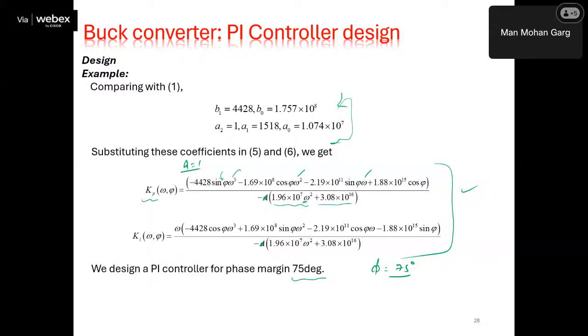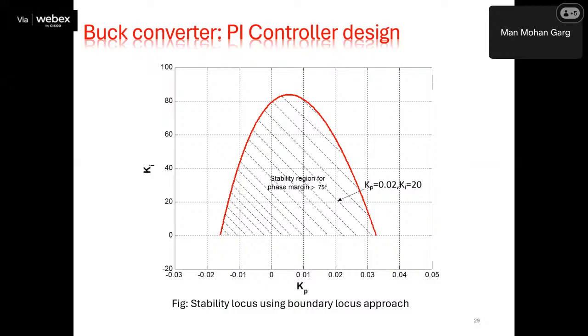Once phi is fixed, Kp and Ki remain functions of omega. So for the same value of omega, we will have Kp and Ki. So that's what we did.